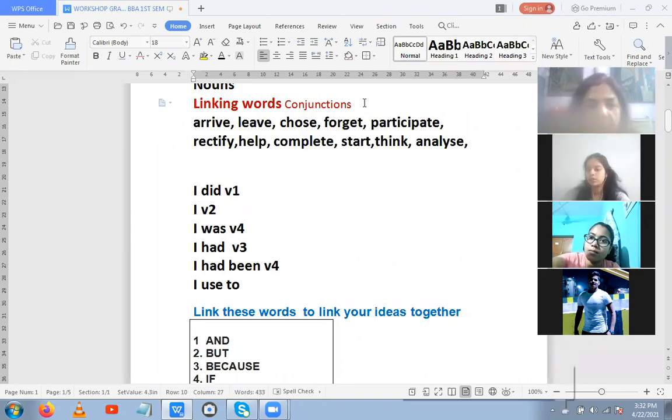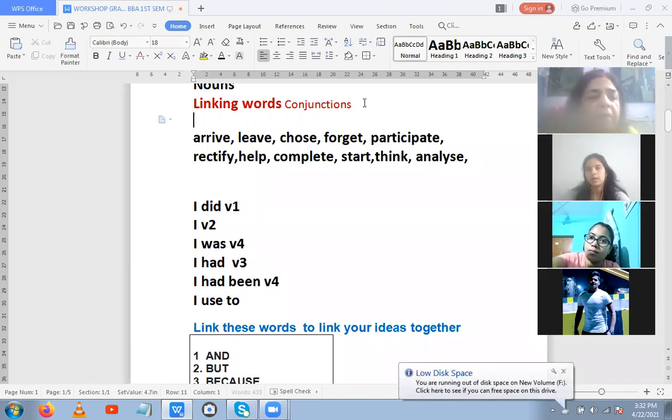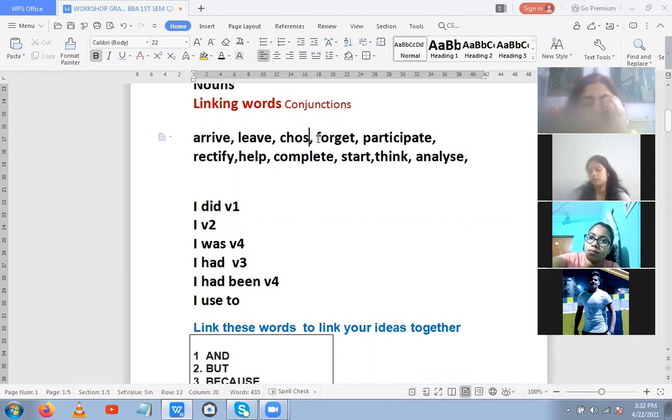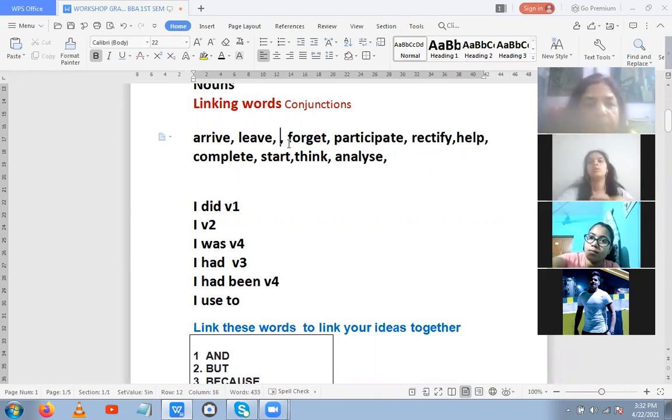So use these words: arrive, leave, choose, forget, participate, rectify, help, complete, start, think, analyze. You need just six words.